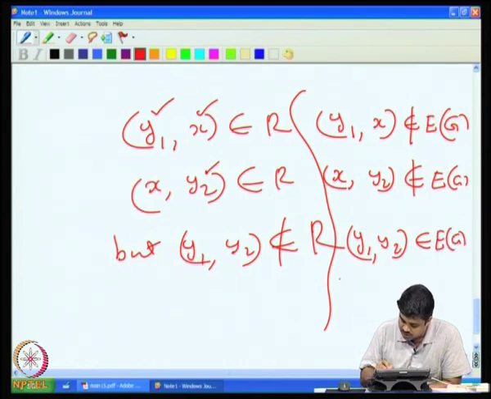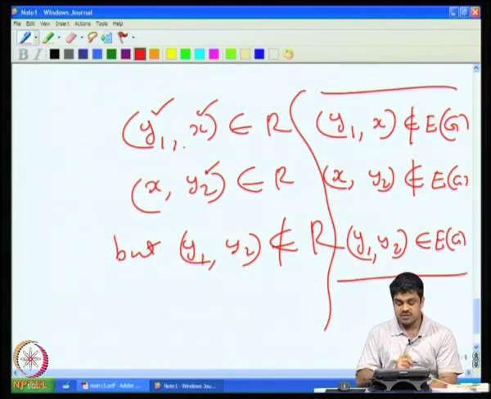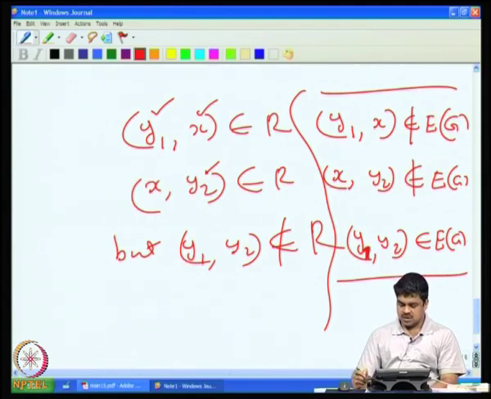This is what it says, right, because the relation was non-adjacency. So, y1 and x are non-adjacent, x and y2 are non-adjacent, y1 and y2 are adjacent. This is what we see, right. Such 3 vertices should be available.